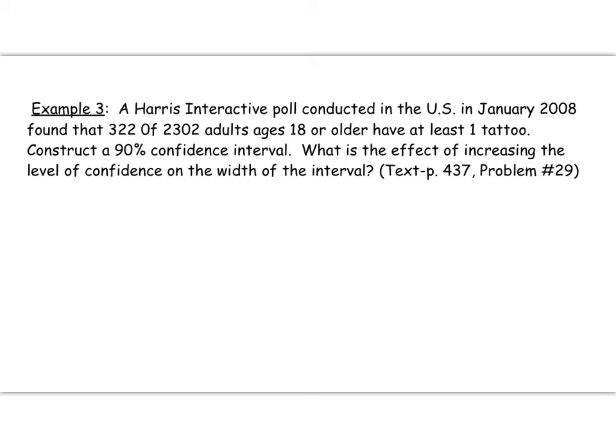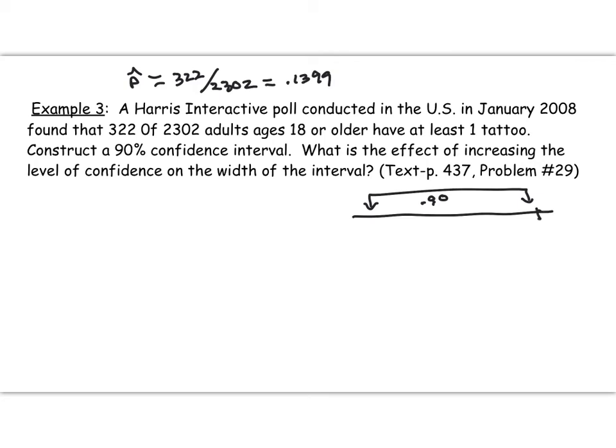All right, so let's find our point estimate because we can't do anything without that. That's our number of observed over the sample size. And that I calculate to be 0.1399. So that's going to go in the middle of our interval. 1 minus alpha is 0.9, since 90% is our confidence level, which leaves 10% on each end.